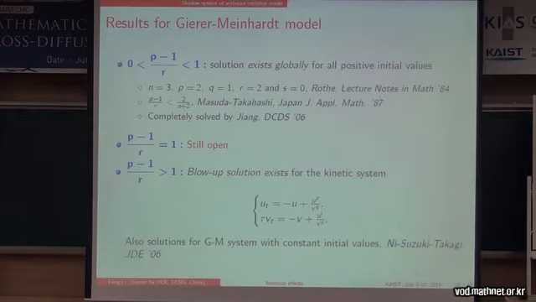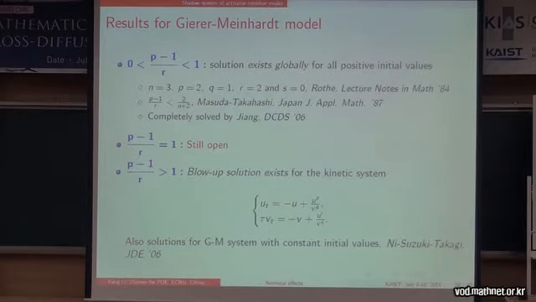The other question is whether it is possible to choose some proper initial value such that a blow-up solution exists. For that situation, this is the unknown regime. So far, there's no result here.